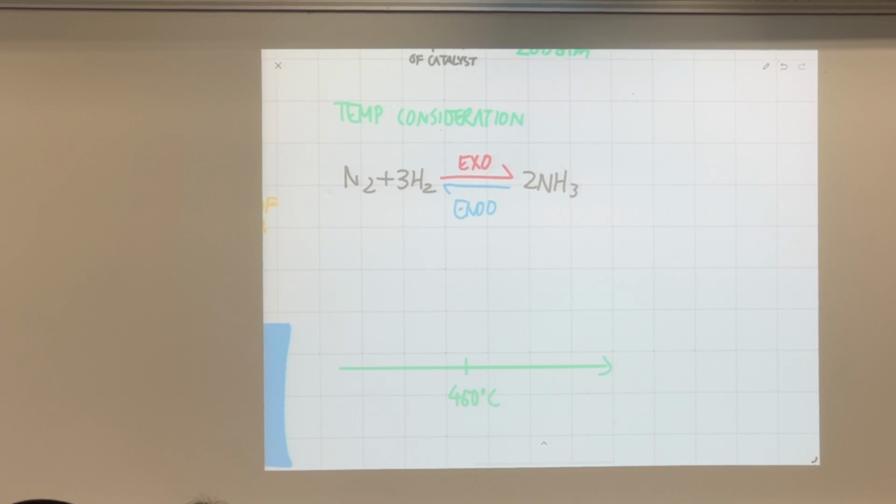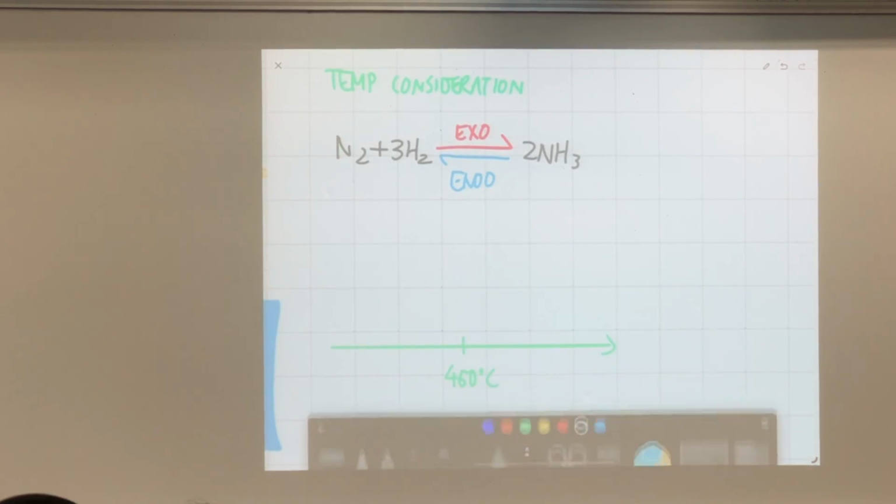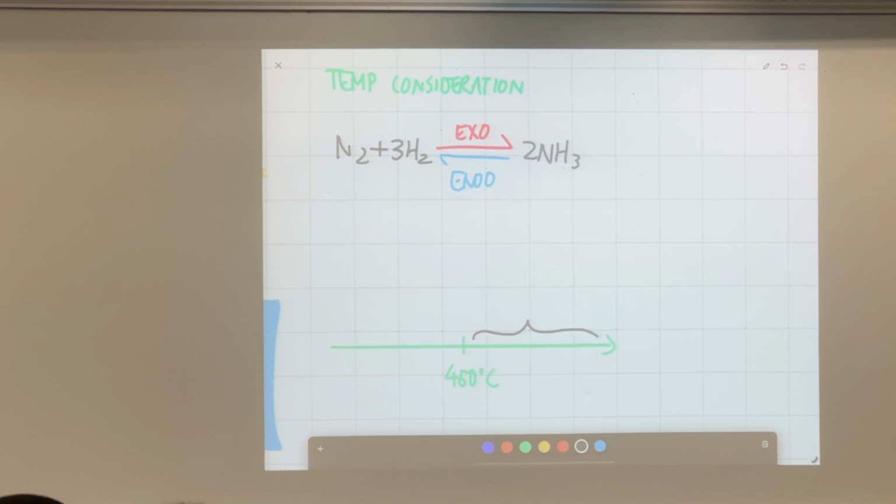In the middle of the arrow, can you draw a very short vertical line and write down 450 there? If you use a higher temperature than 450, it will favor the endothermic reaction. You have to write this inside the box, so try to write really small.